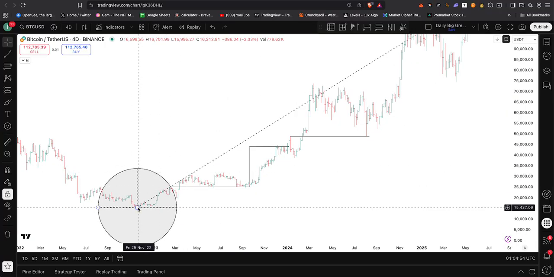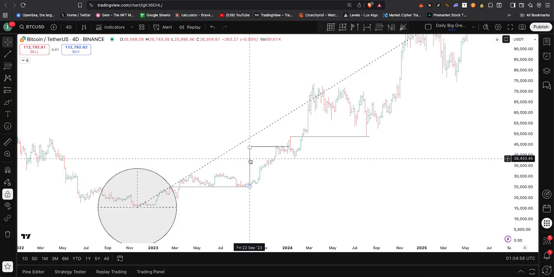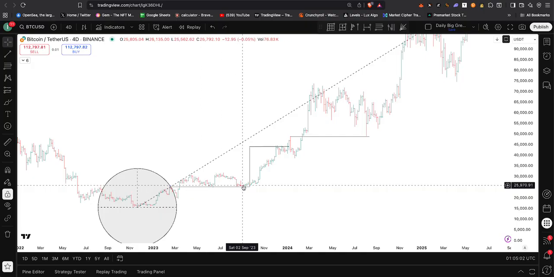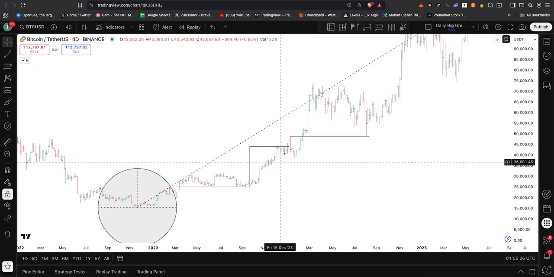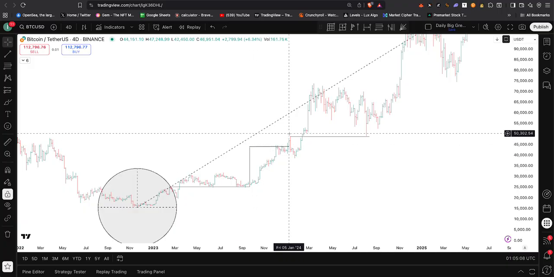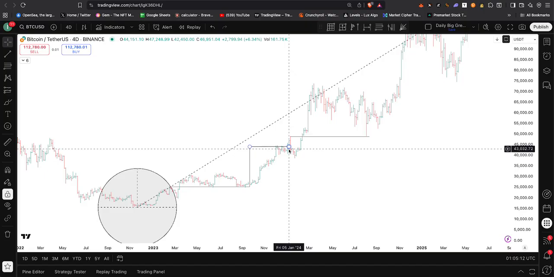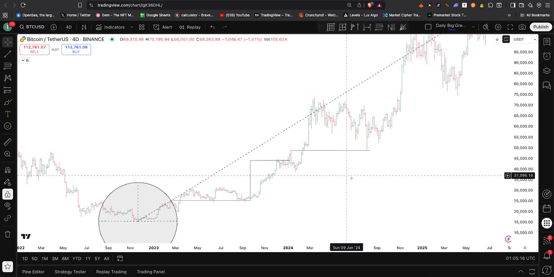Okay, and then for price, half the circle, you pull it here, you just put it at this length of the circle here. It's not perfect, but it did get close to the high. And then if you pull half of the circle again, you get a bar off the high, which is just interesting.